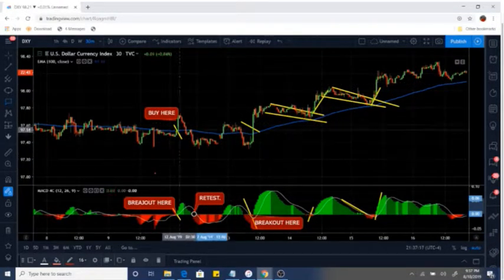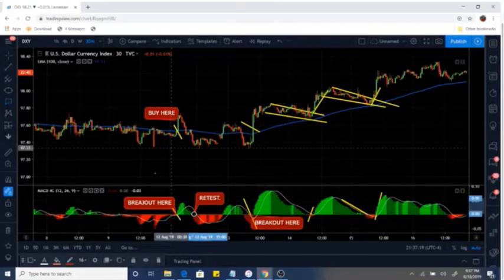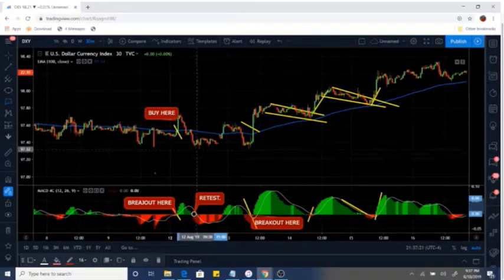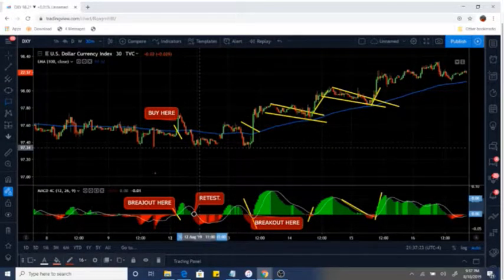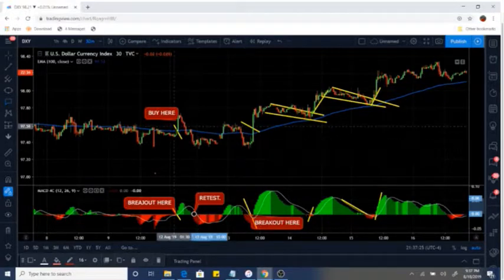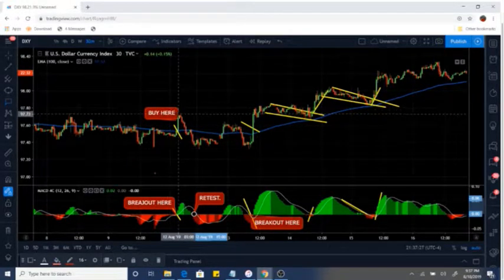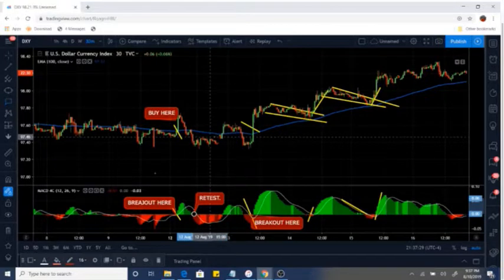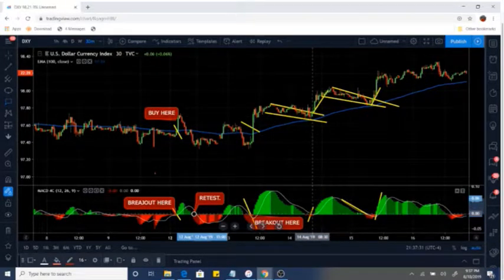See the difference between what happened here? You see how this broke out and then came back down to a downtrend. That's what I'm saying. Before you guys buy or sell, when you get that initial breakout, you have to wait for it to retest that zero line crossover. And if price comes back into that direction, then you can buy, then you can sell.